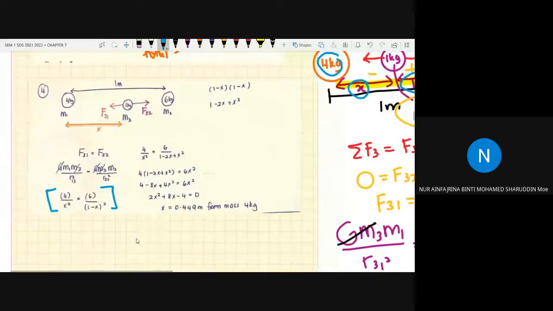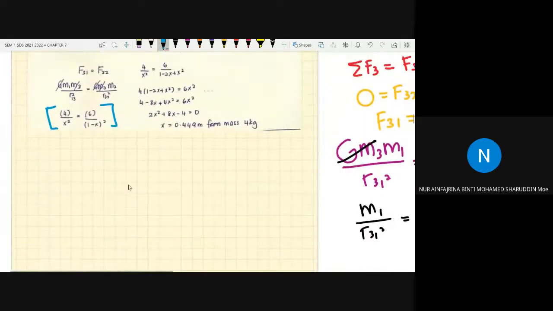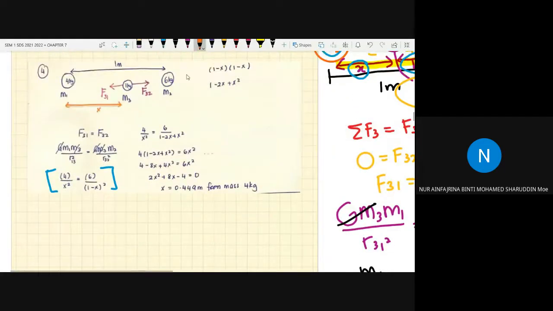So bila Miss dah letak, Miss akan expand yang ini dulu. Bila Miss expand ini, Miss akan dapat 1 minus 2x plus x squared. Then the next step, Miss akan buat cross multiplication. So bila Miss dah buat cross multiplication, Miss dah dapat quadratic equation.